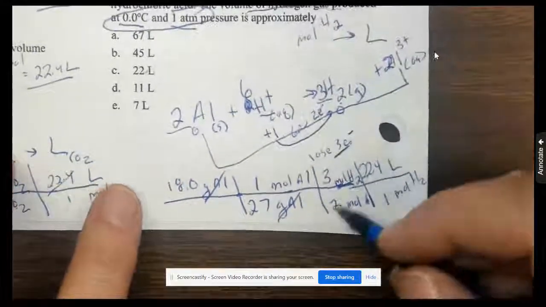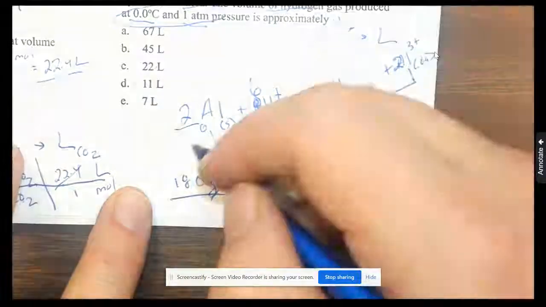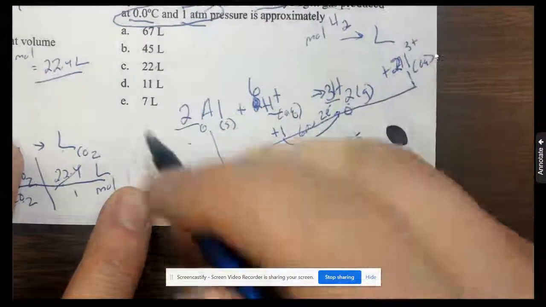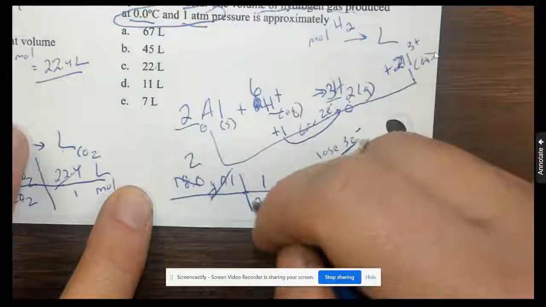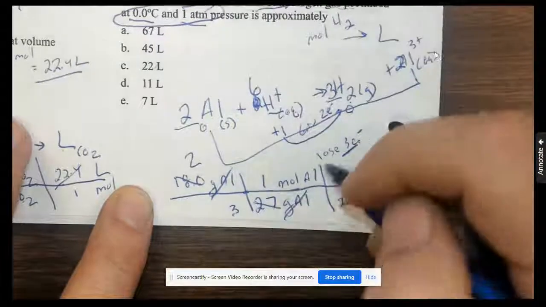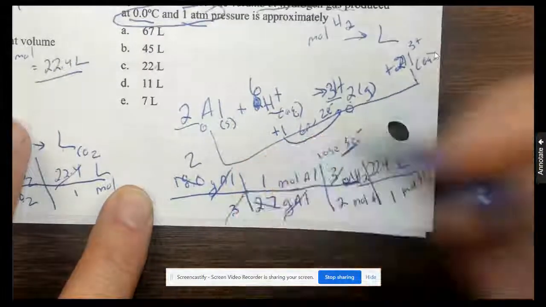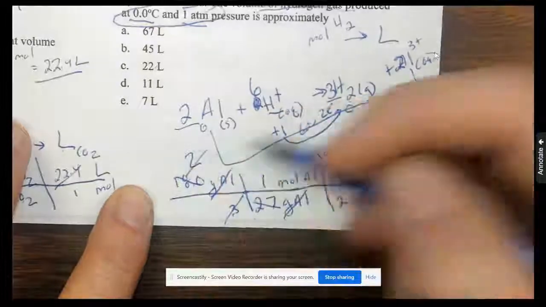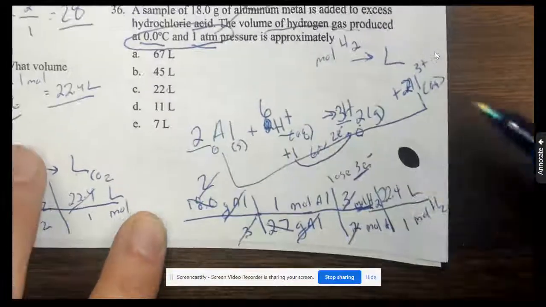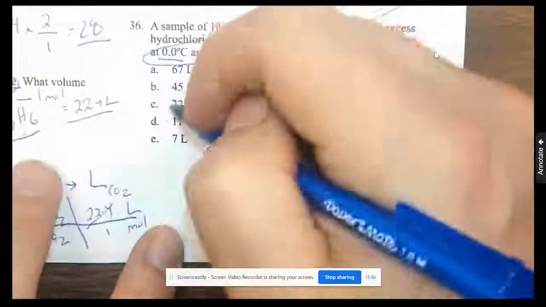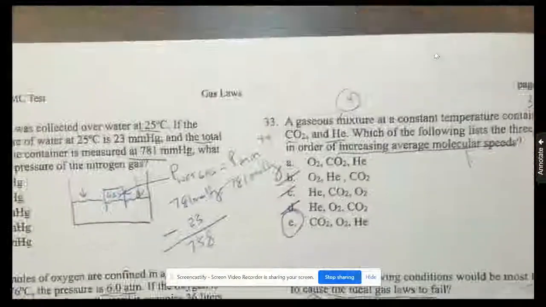So now, hopefully, we can simplify the math quite a bit, and we can. I can divide both of these by 9, and I get 2/3. I can now cross off my 3's. I can cross off my 2's, and I just get 22.4. Pretty cool. All right, so you're seeing the amount of work that goes into getting these problems correct.